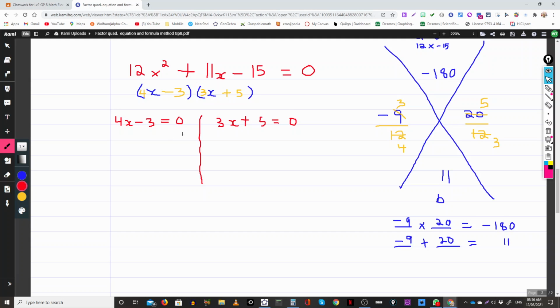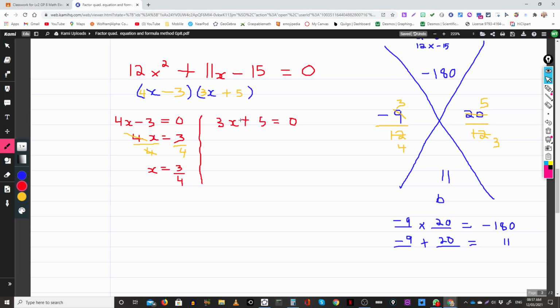So we take the 3 across, it becomes 4x equals 3. Then you divide by 4 on both sides. That cancels, so your x becomes 3/4. So that is one of my solutions.